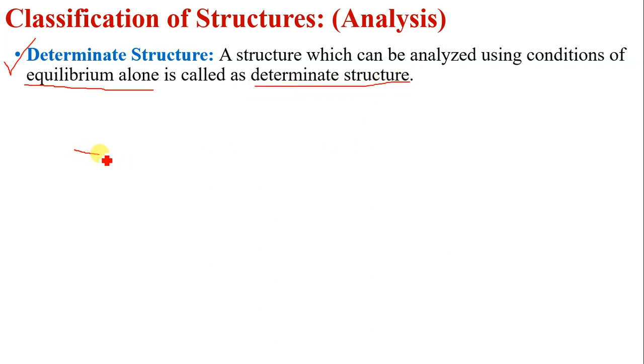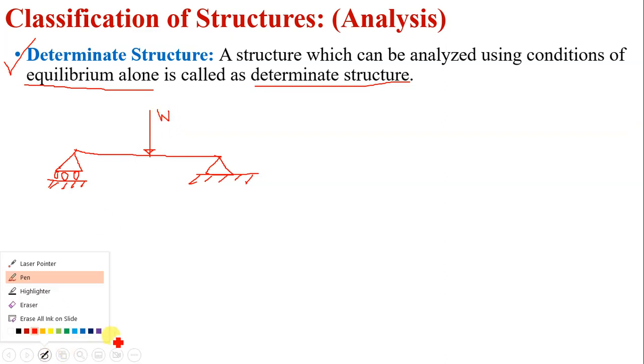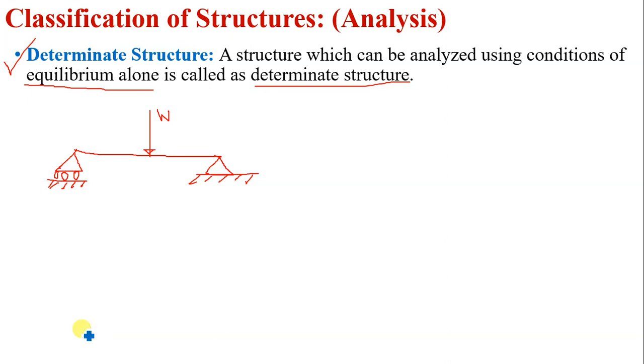For example, here I will take one example. I am having a beam which is supported on a roller at one end and the second end is supported on a hinge support, carrying some load. Now if I ask you to analyze the beam or to find the support reactions, then definitely you will draw a free body diagram.